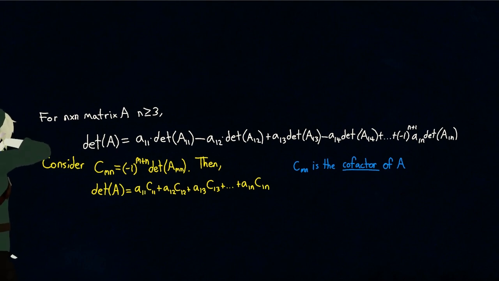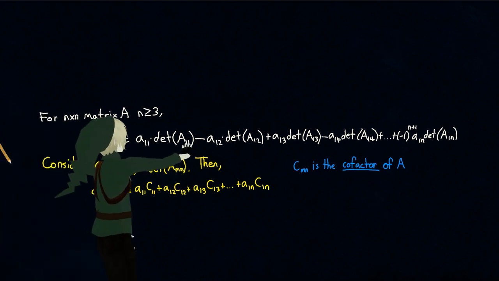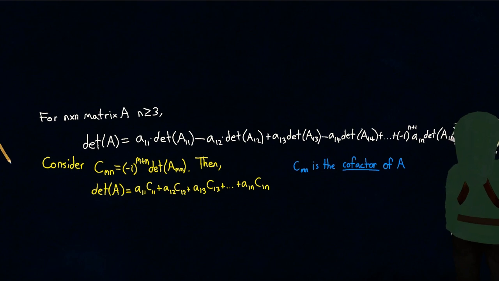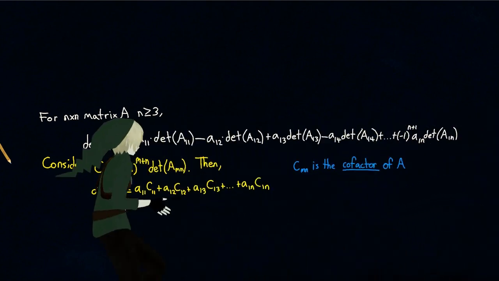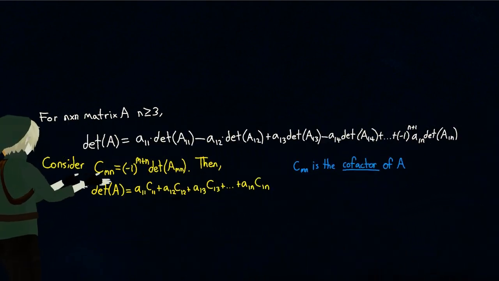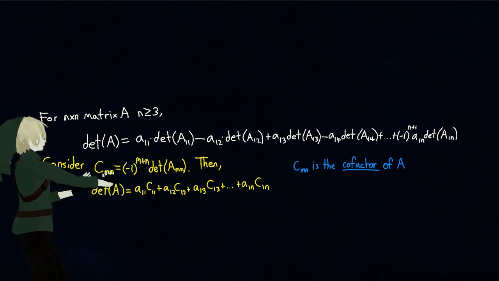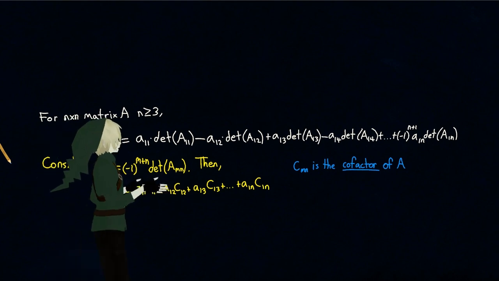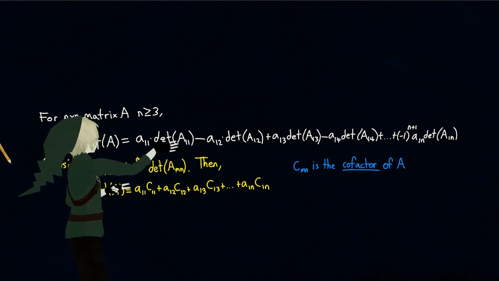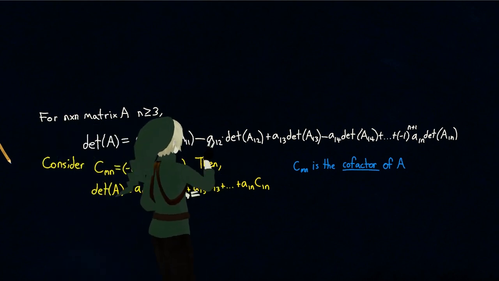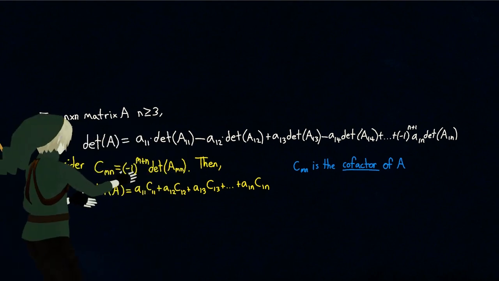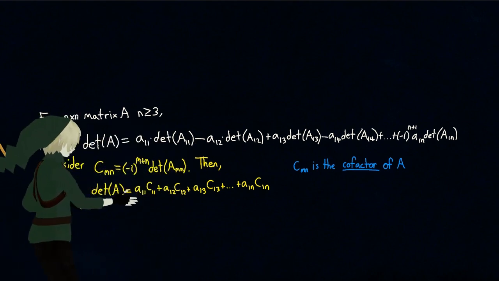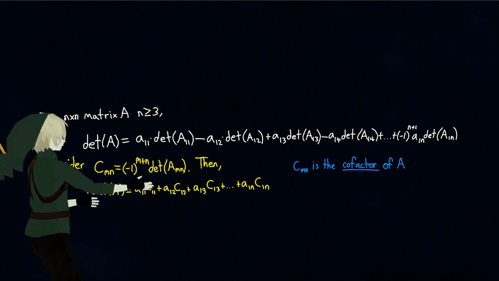Of course we turn it into submatrices, right? But it was a little nasty, and so we simplify it further by considering the cofactor of A. This portion here is the cofactor of A with the negative, right? So we have the cofactor of A, and now our determinant is a lot nicer.